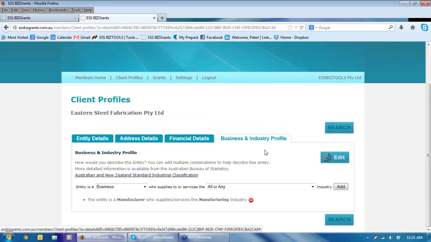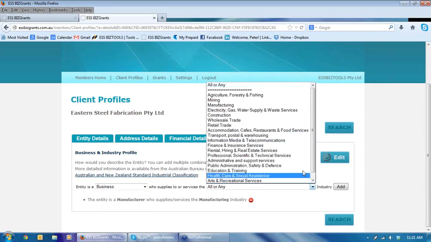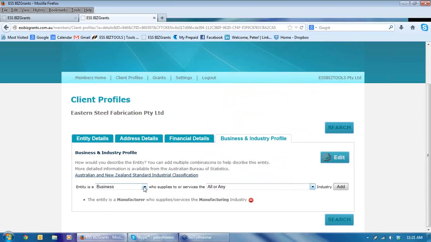The business and industry profile, you need to determine which type of business, and these are the selections you've got under the Australian and New Zealand industrial classifications. You can go on then and select the industry that applies. You can have more than one industry, so you could have a client in more than one industry, and obviously you could have a client that's in more than one business category, and if so, you just put them in separately.